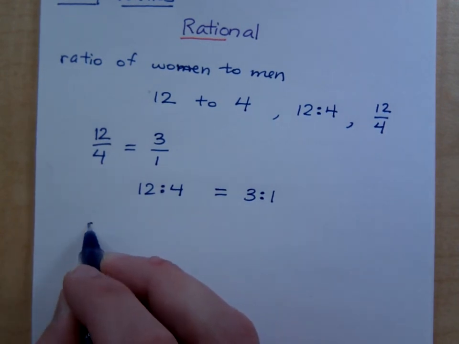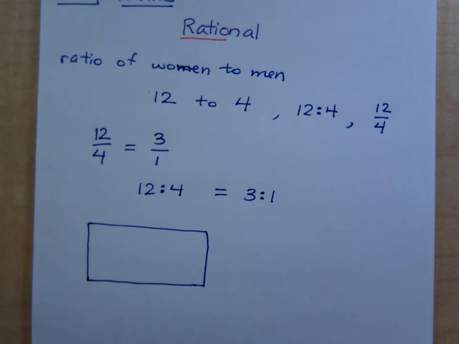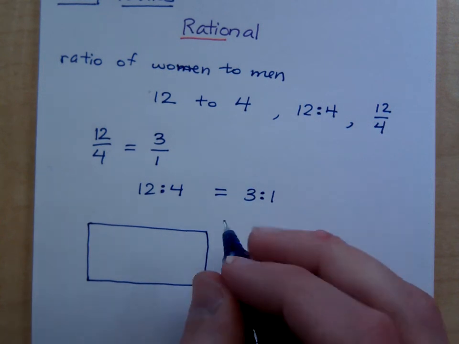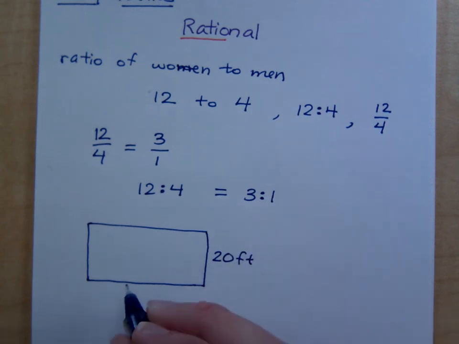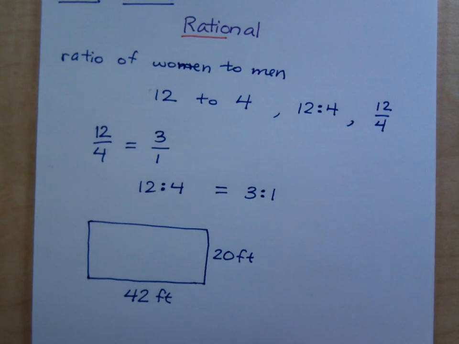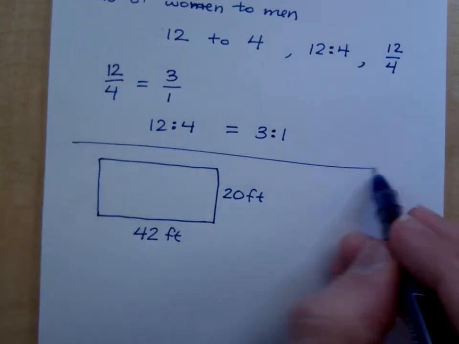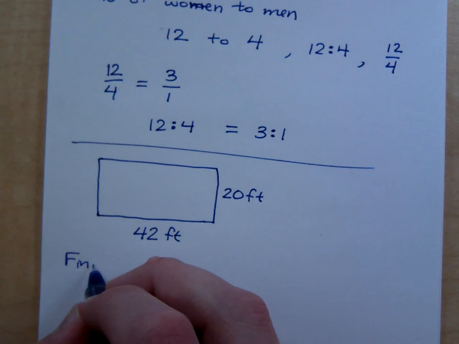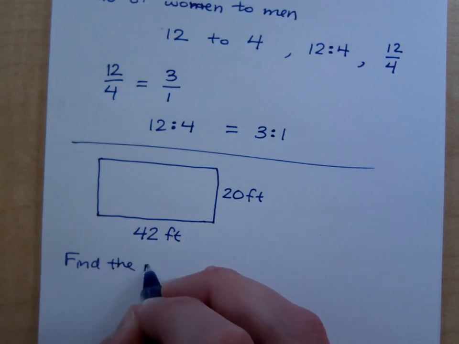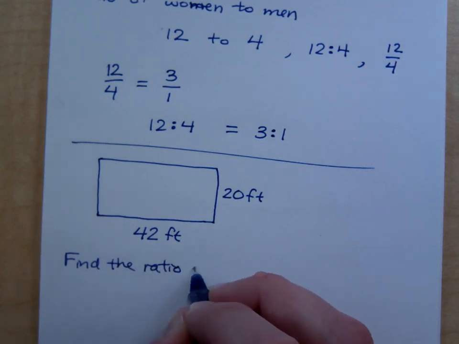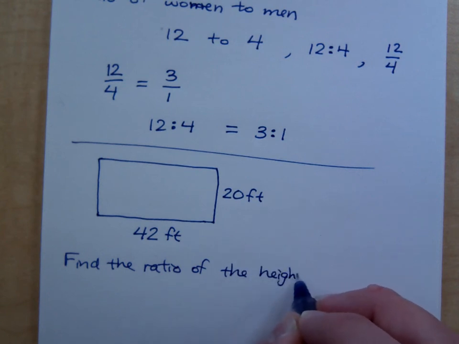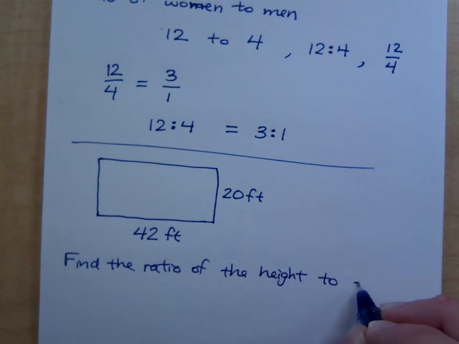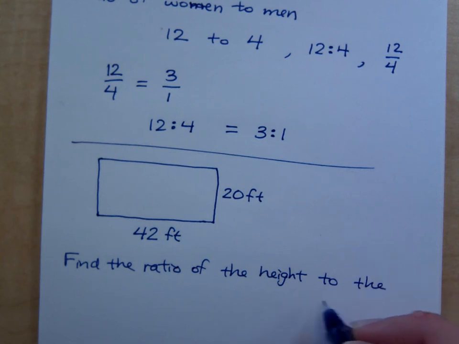What if I have a rectangle? If this is 20 feet and this is 42 feet, I want you here to find the ratio of the height to the length.